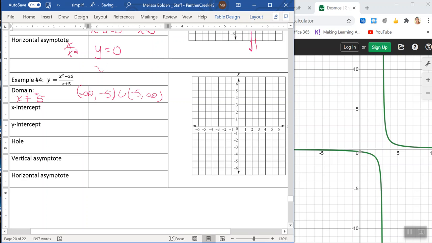And if I go ahead and factor that, I see that x plus 5 cancels, so that's going to be my hole. My x-intercept, I don't need to look at my hole. I'm only going to look at x minus 5. So x is equal to 5, and we write that again as 5 comma 0.